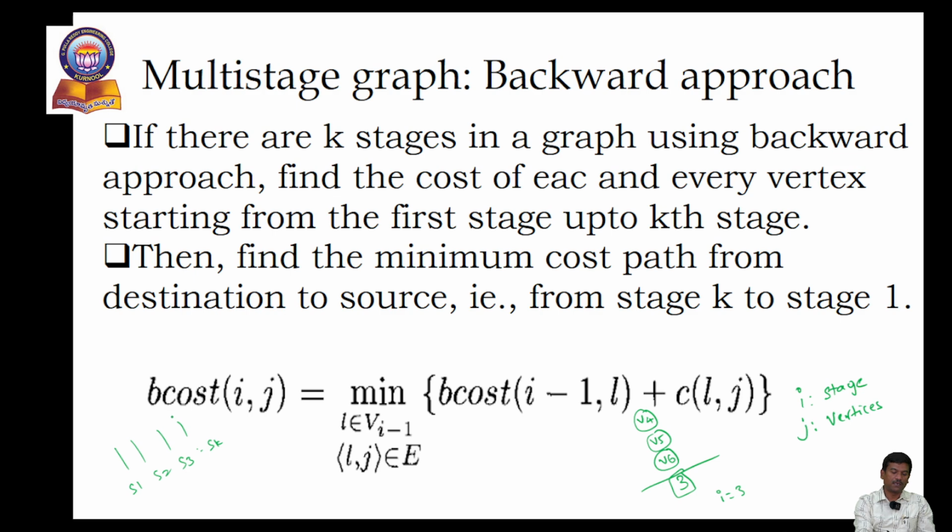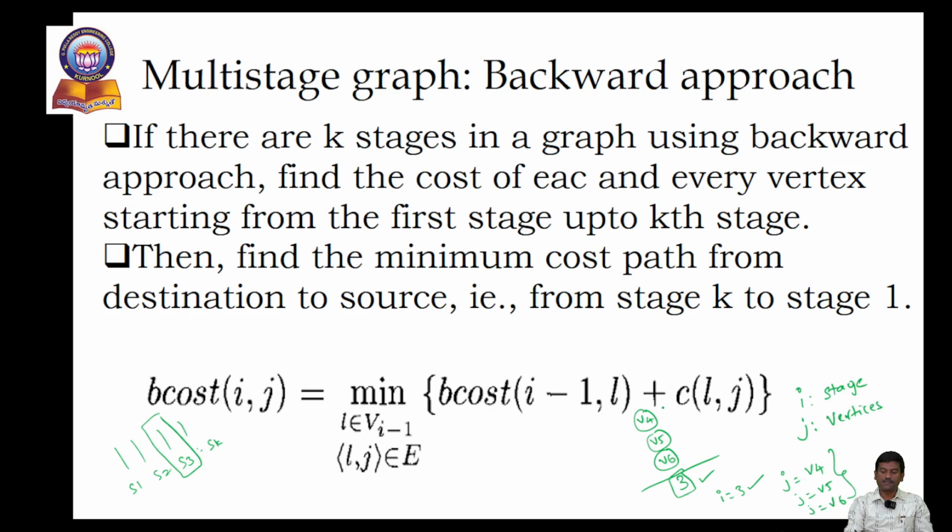So at stage 3, i becomes 3, that is the stage, and j value will be V4, similarly V5, and similarly V6. These are the vertices which are present at stage i, that is at stage 3.